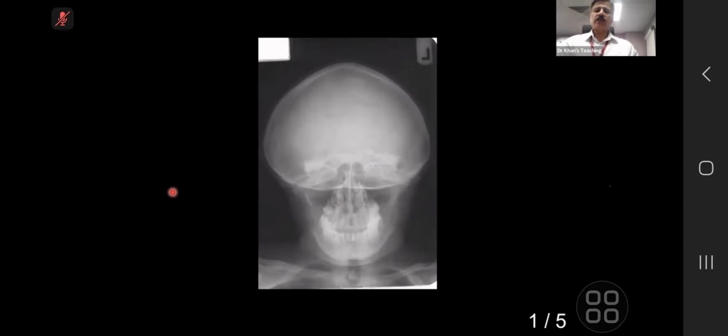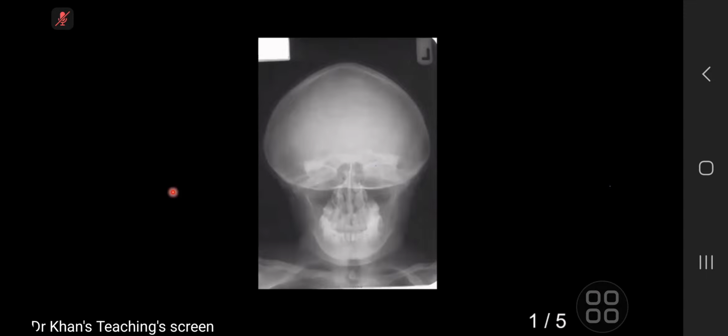Okay. Please, can you tackle this case? Okay, this is a frontal radiograph of the skull. There is abnormal shape of the skull vault. Maybe it's trigonocephaly or towering of the skull.